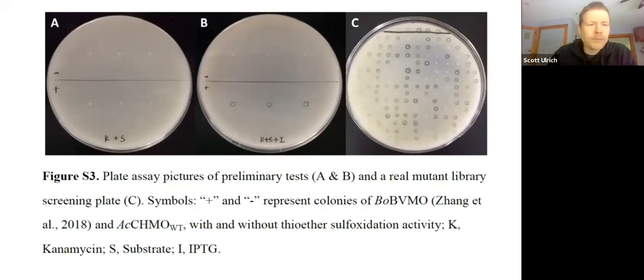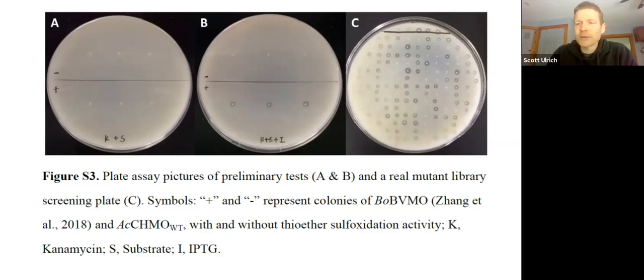Well, the first thing to know, which is kind of interesting, is that these are agar plates, and on plate A and B, there are 6 bacterial colonies, which you can see as the little white spots. Each of those colonies has a different version of a potential enzyme that can do that sulfur oxidation, right?